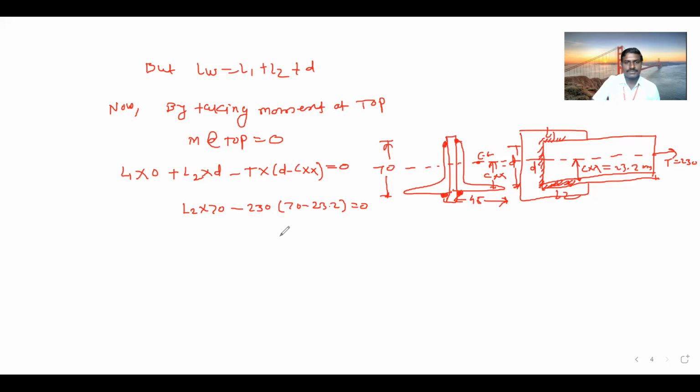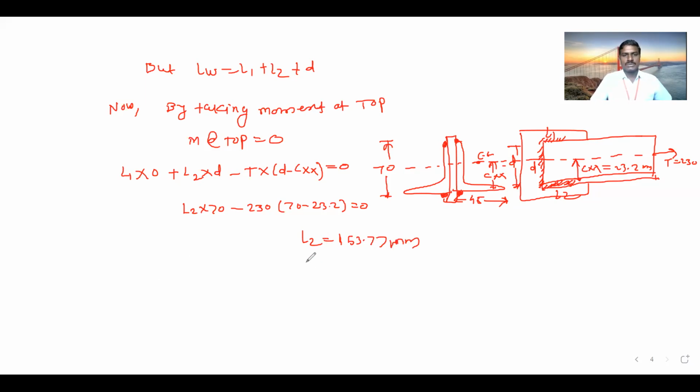So now calculate L2 is equal to how much? 153.77 mm is L2.